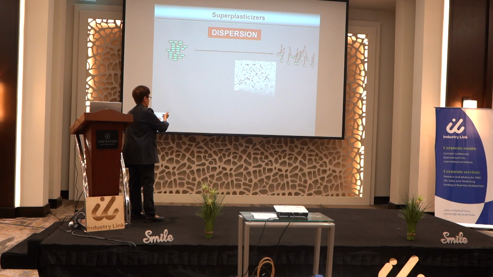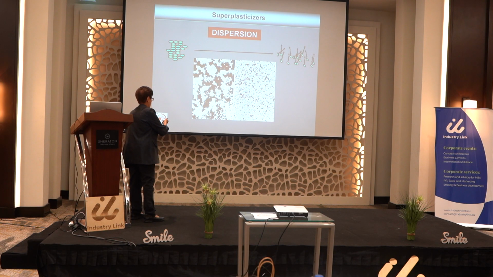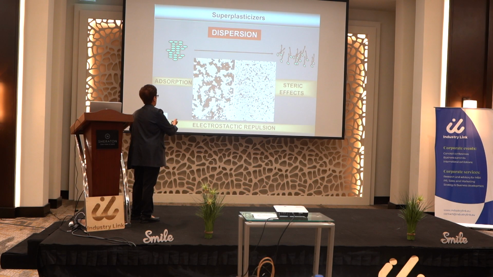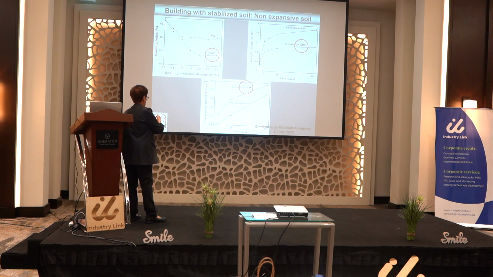From agglomeration to dispersion, and of the mechanism, adsorption, steric effect, electrostatic repulsion, a lot of mechanisms known in cement chemistry. But we could reduce the swelling, we could reduce the length change, we could increase the compressive stress.